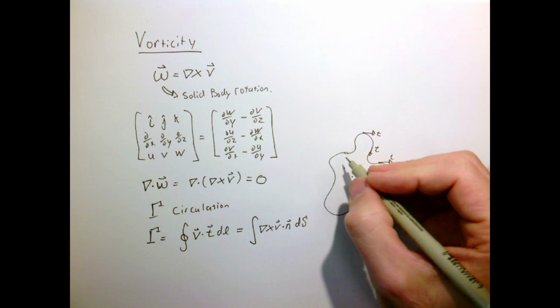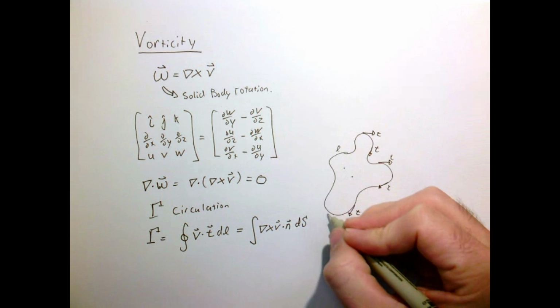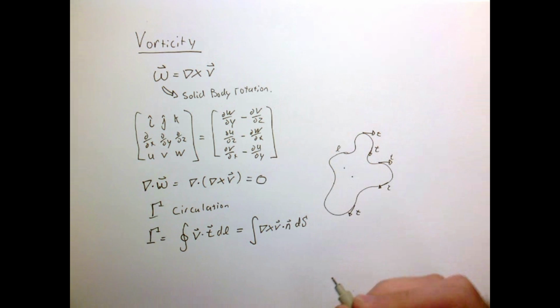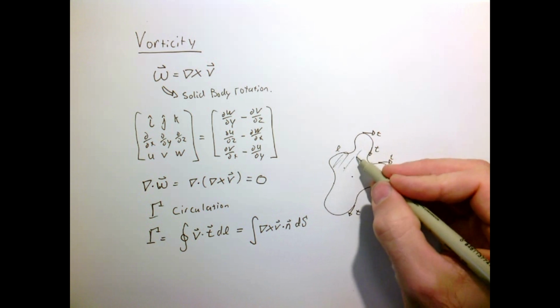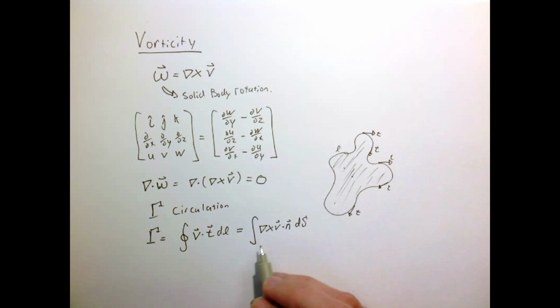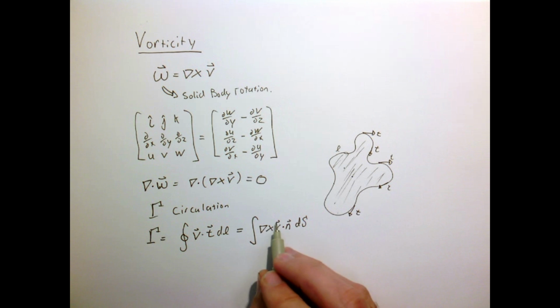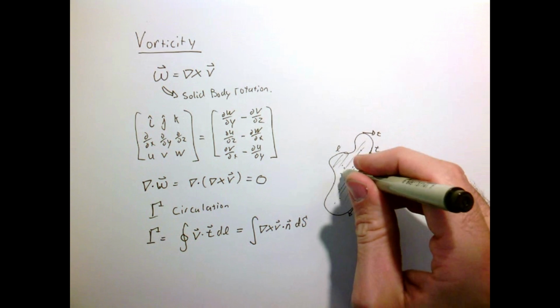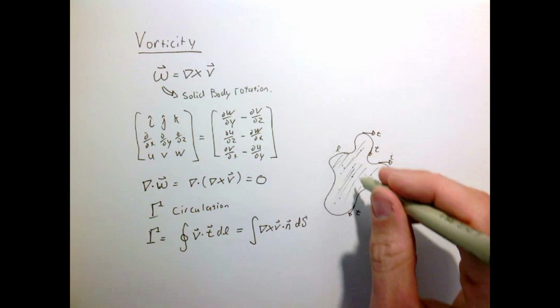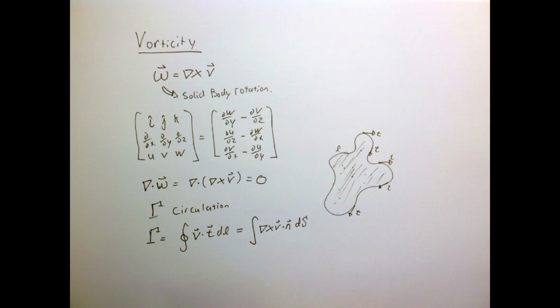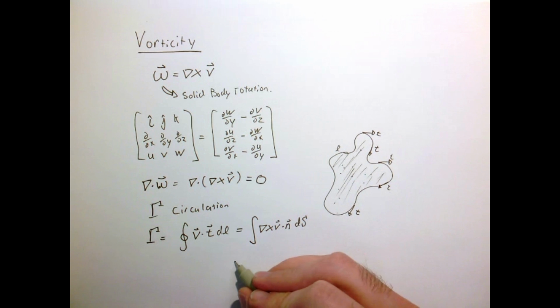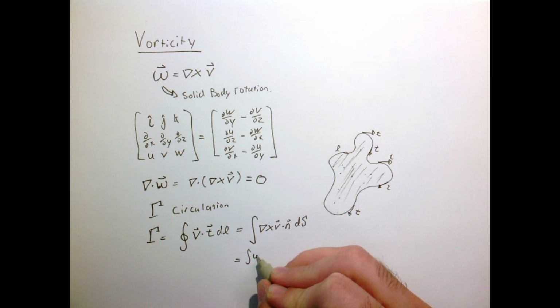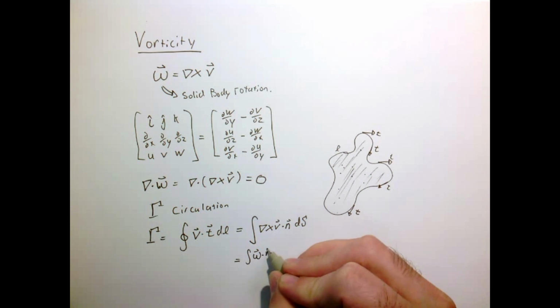So if I take this same loop, this is my loop L, going all the way around, it bounds this whole surface. And so we have a theorem in vector calculus that tells me if I take the curl of the velocity dotted with the normal vector of that surface, so in this page, if we're in 2D, it points out of the surface, all around that patch enclosed by the area, that those two things are equal. And just by definition, the curl of the velocity is the vorticity.